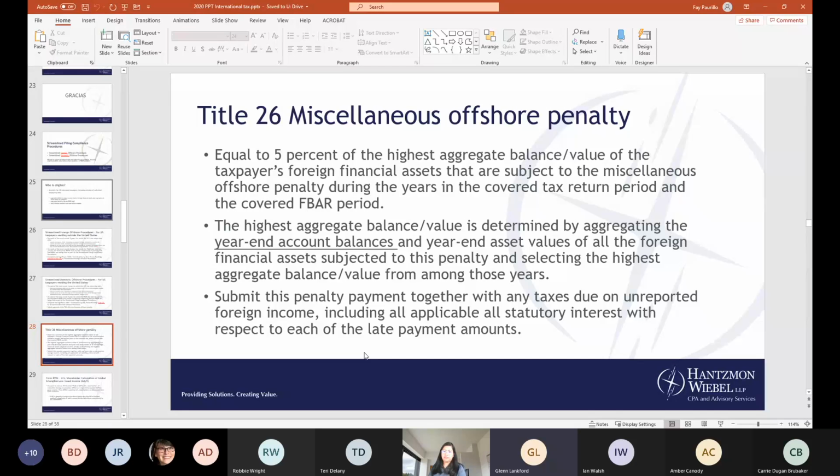The repatriation, the 965 tax was put in place within the 2017 Tax Act, and the idea was to put the U.S. on more of a territorial tax regime, and it basically taxed companies on their accumulated earnings from offshore that had not been taxed in the U.S. before because it was in offshore subsidiaries or whatever.